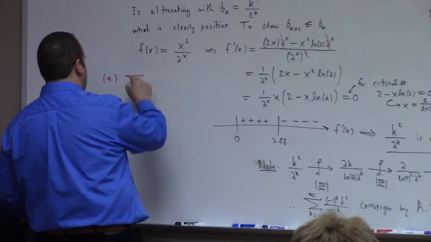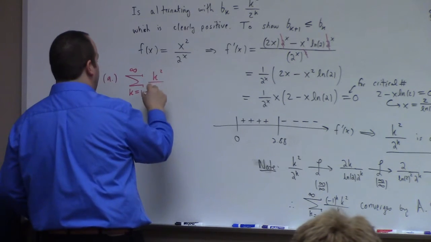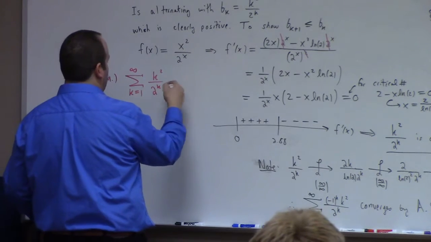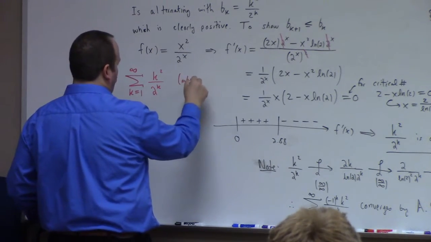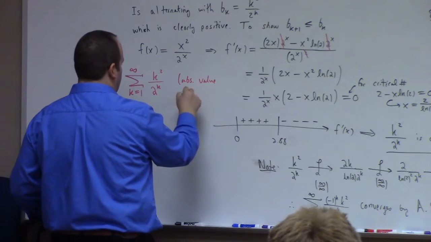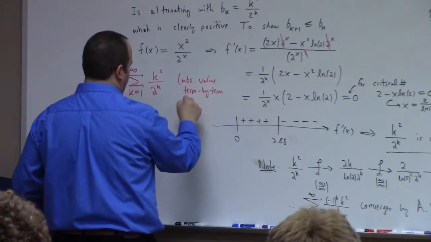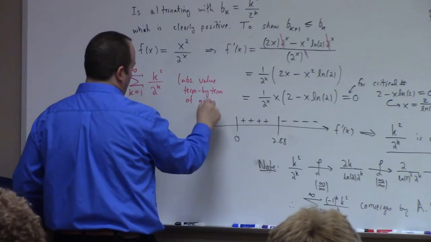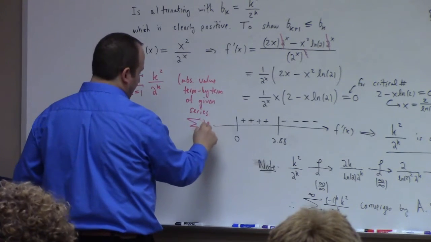Sum from k equals 1 to infinity. Sorry. I have to analyze this. That's the absolute value of the series, term by term. In other words, it's the sum of this guy, right?